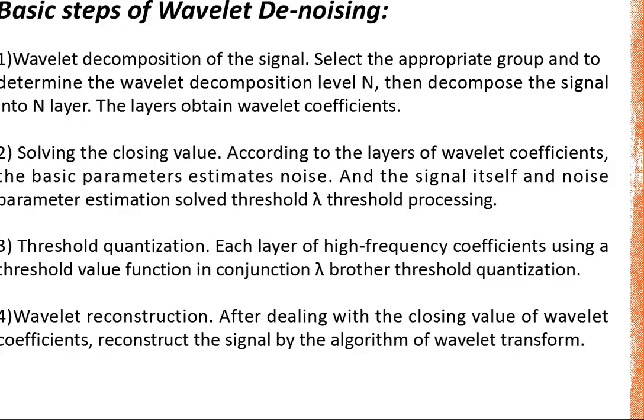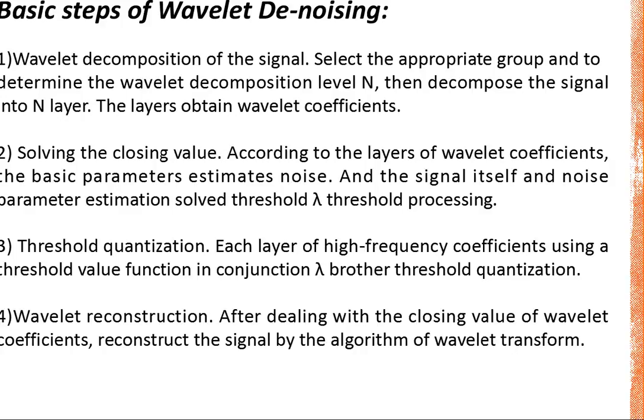Second, solving the threshold value according to the layers of the wavelet coefficients. The basic parameters estimate the noise and the signal itself, and the noise parameter estimation gives the threshold lambda. Third, the threshold quantization.